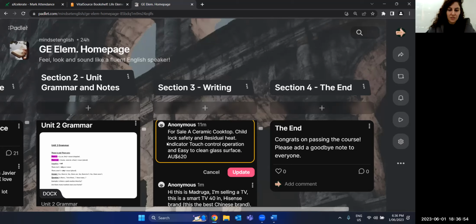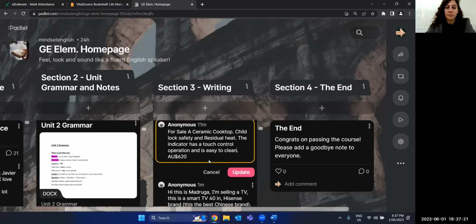So you need to have full sentences. So the indicator has a touch control operation and is easy to clean glass surface. It's a ceramic cooktop, and it is easy to clean.